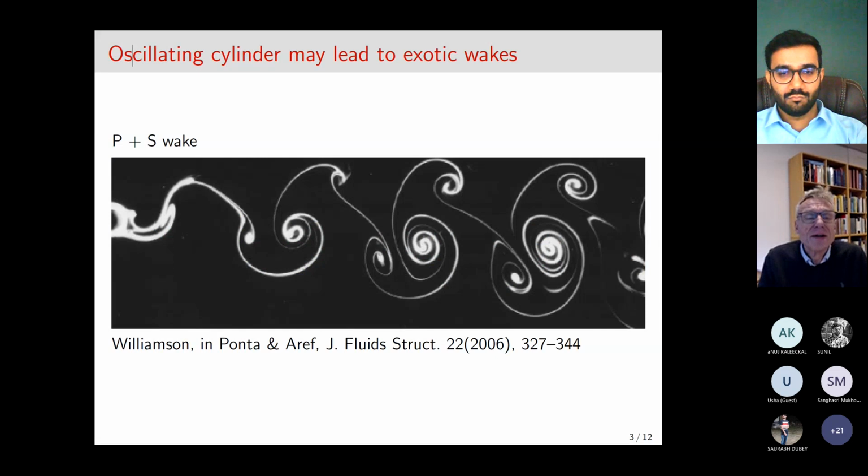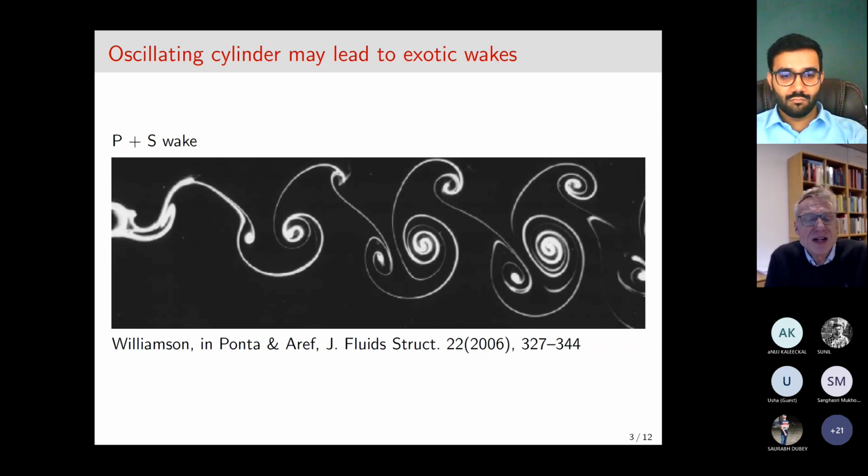However, if you oscillate the cylinder, so this is an example where you oscillate the cylinder transversely to the flow, then you may get other wakes, like this one, where you have what is called a P plus S wake, where P means pair and S is again single.